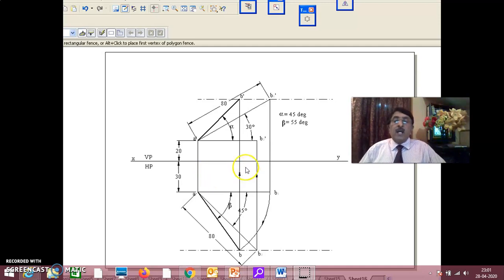In that way, I'll tell you again. This theta is a parameter, phi is a parameter, alpha itself is a parameter, beta itself is a parameter, front view length itself is a parameter, top view length itself is a parameter, true length itself is a parameter, the distance of end B above HP is a parameter, the distance of end B in front of VP is a parameter, and DBEP itself is a parameter.